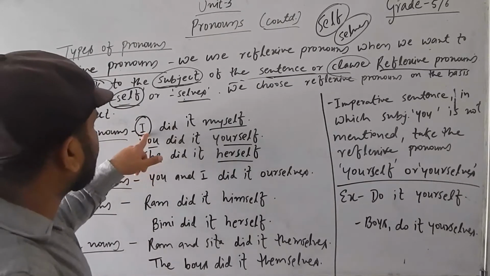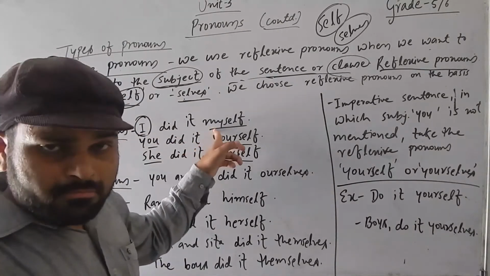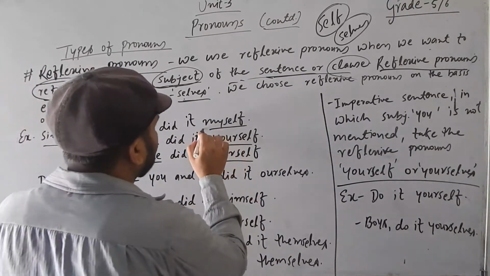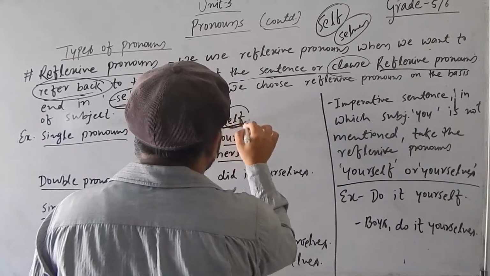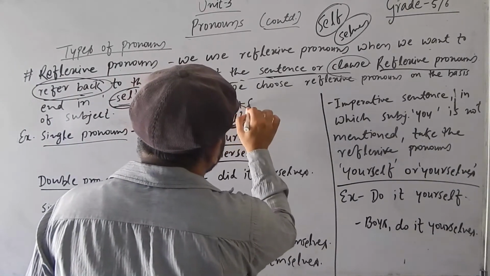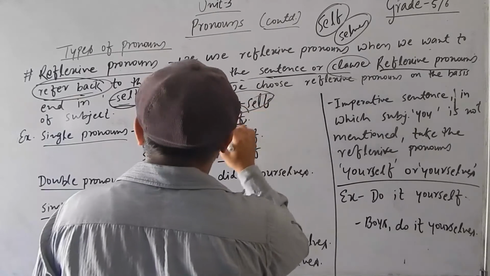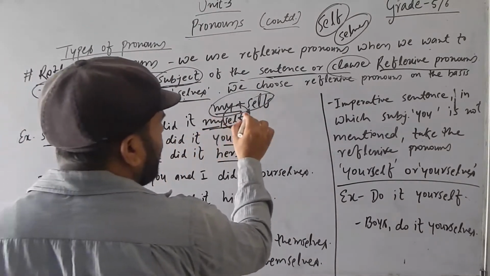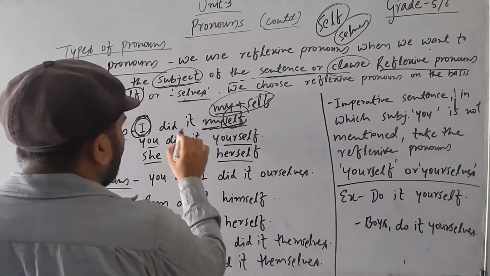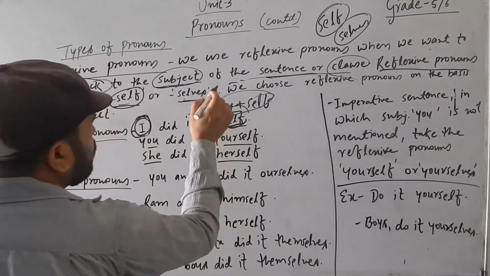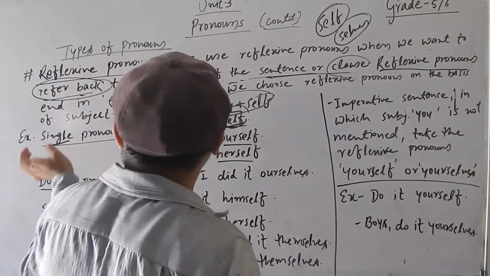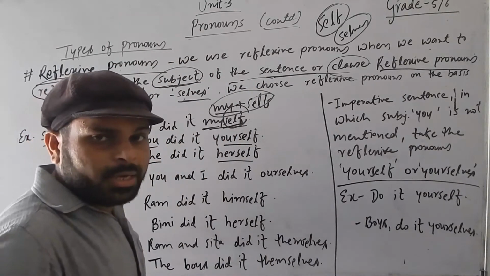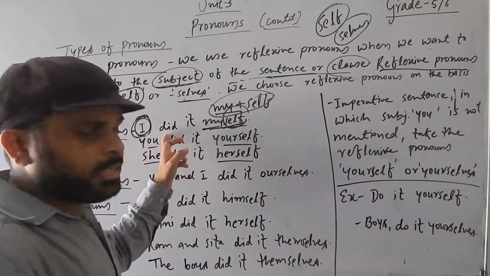Because I takes my, me, and mine, and here self. My plus self, myself. So single pronouns: I, my plus self, myself. I did it myself. So according to the definition, it is referring back to the main subject of the sentence.